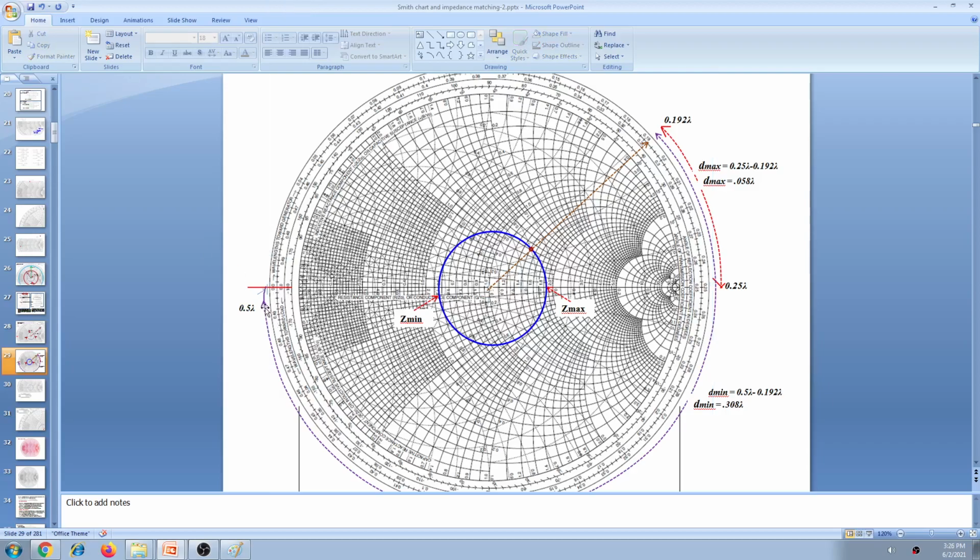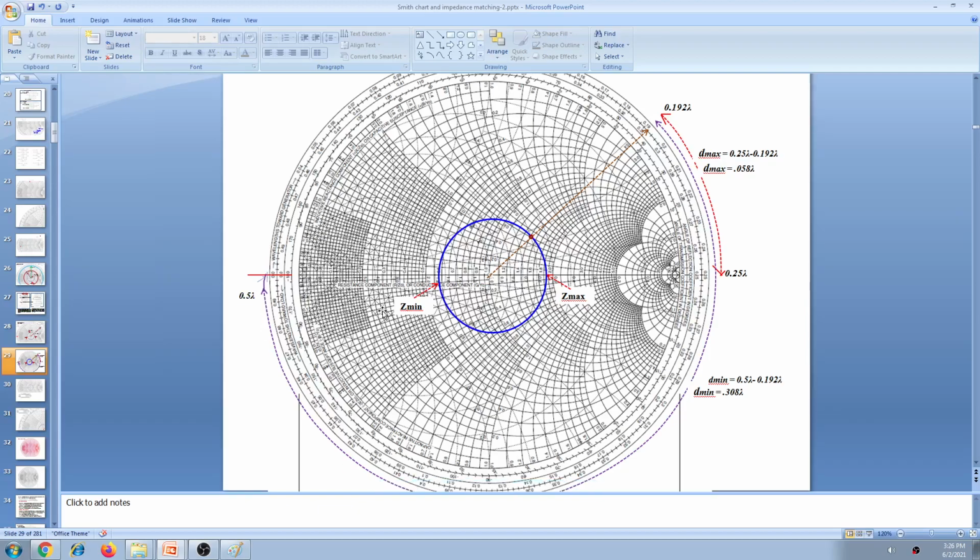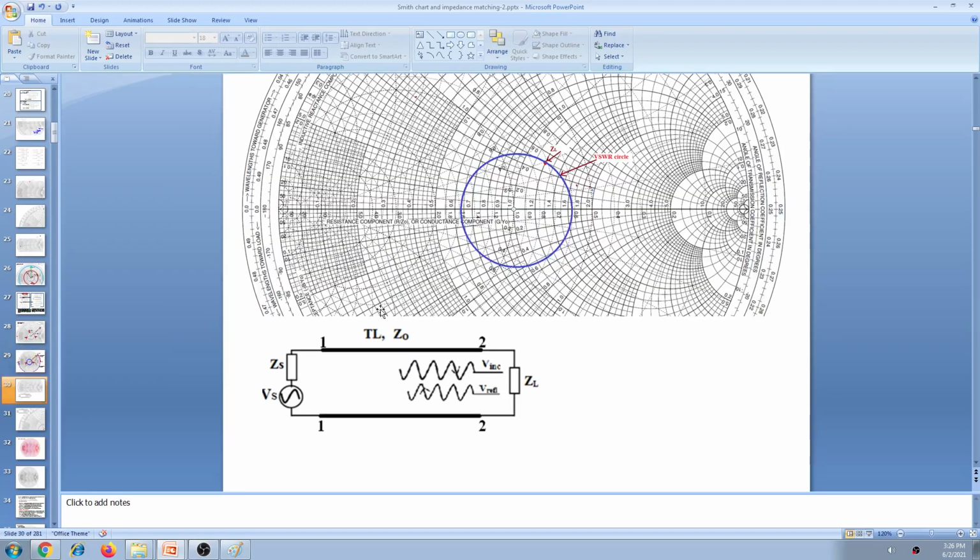Up to this distance I made a mistake here. It is not up to this, it is up to here. So while drawing I made a mistake.